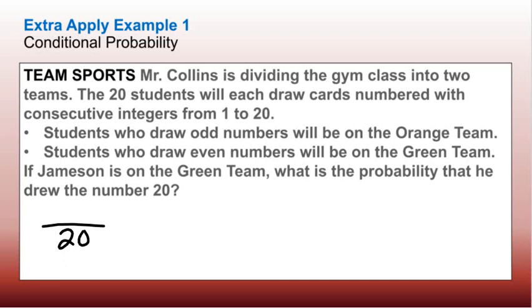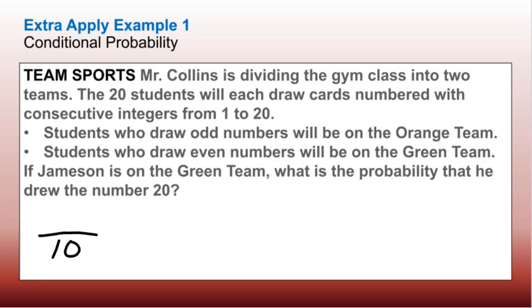Now, how many numbers out of the category are there? Actually, not a 20, but evens. So they had to draw an even. I had them switched around, sorry about that.